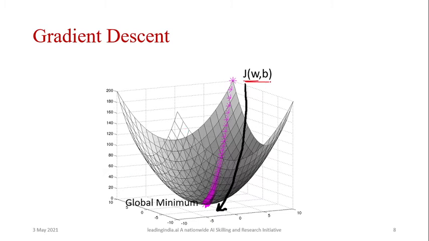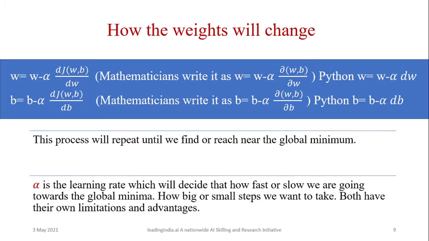Your cost function is somewhere here and you want to reach the global minimum. Once you have multiple weights, W1, W2, W3, W4, it will be a multi-dimensional graph. But ultimately we have to find a combination of W's so that J of W, B becomes minimum. So let's see how to find that value.